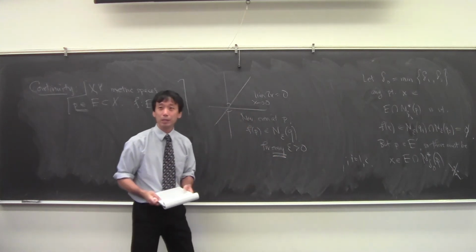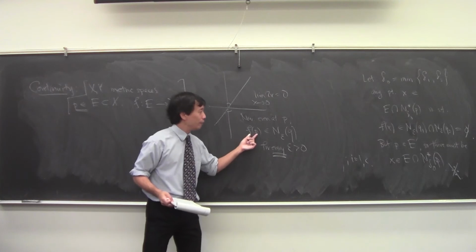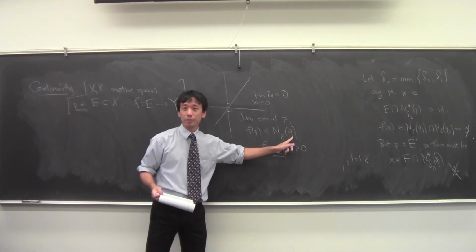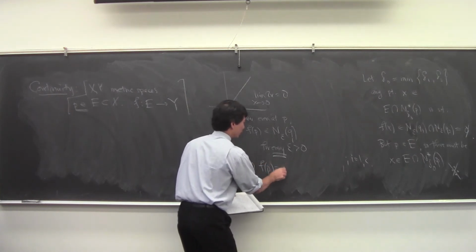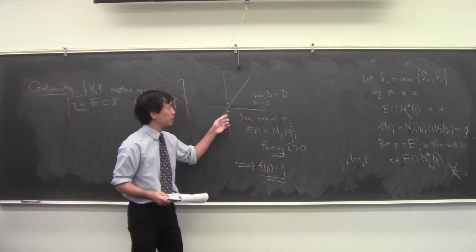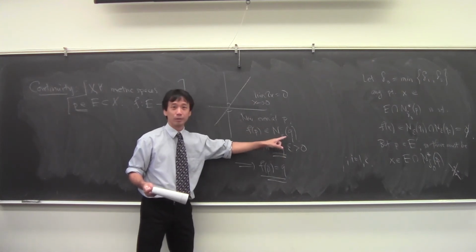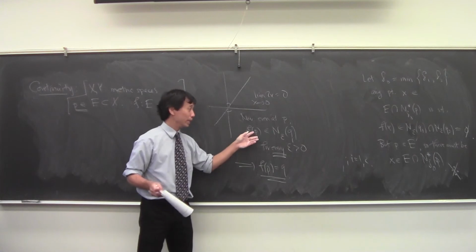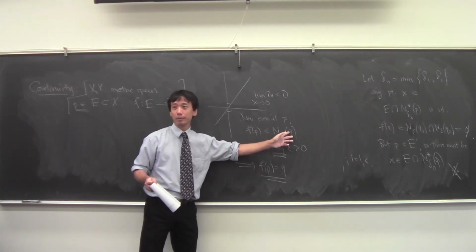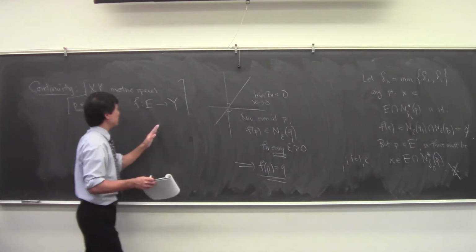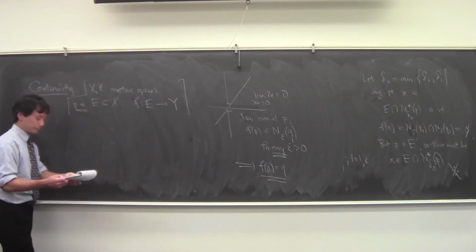But that means that f of P has to be Q. That's going to force f of P to equal Q, because f of P has to lie in every epsilon neighborhood of Q. The only way that's going to happen is if f of P actually equals Q. That allows us to fill in the hole here and say that it's continuous.